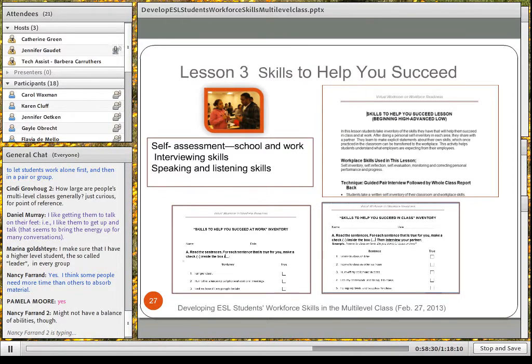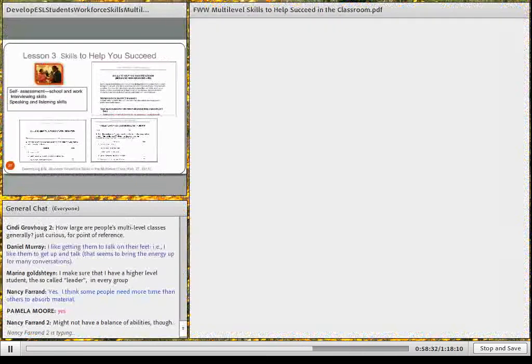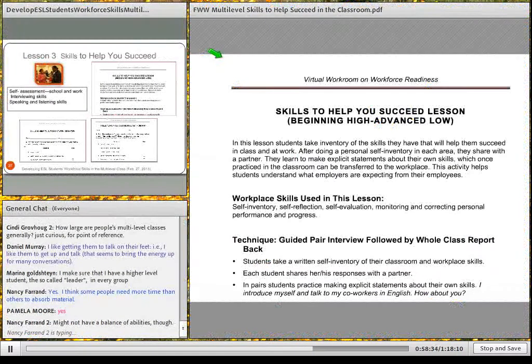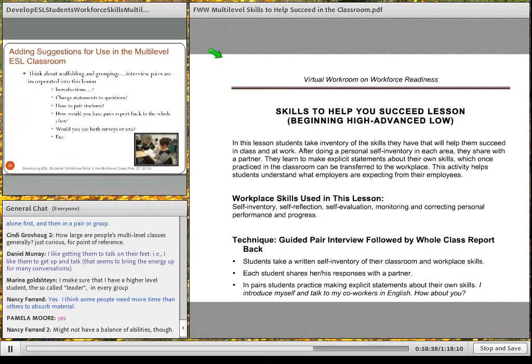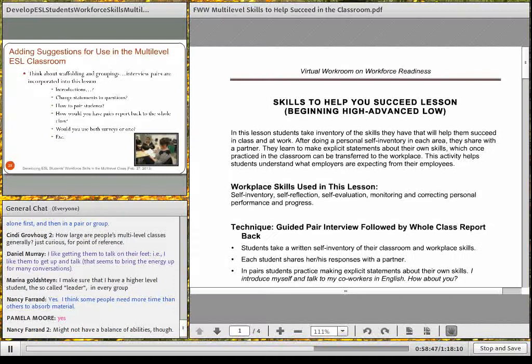So everyone's going to get a copy of those. And let's go down to lesson 3. All right. Now let me go to this slide here on the top left. Adding suggestions for use in the multi-level ESL classroom. Thinking about scaffolding and grouping. Interview pairs are incorporated into this lesson.